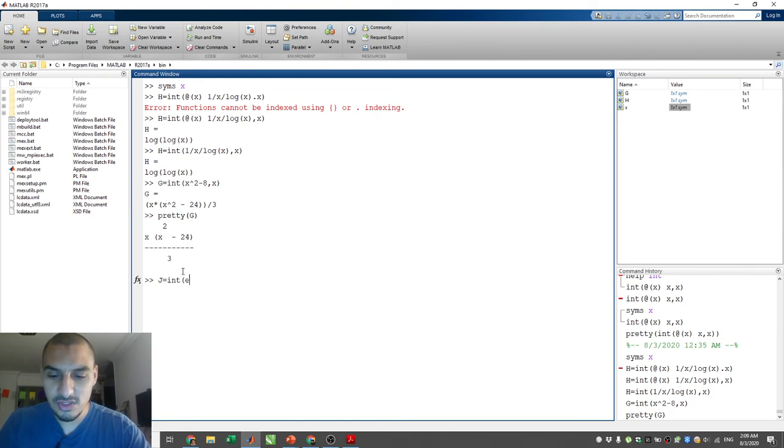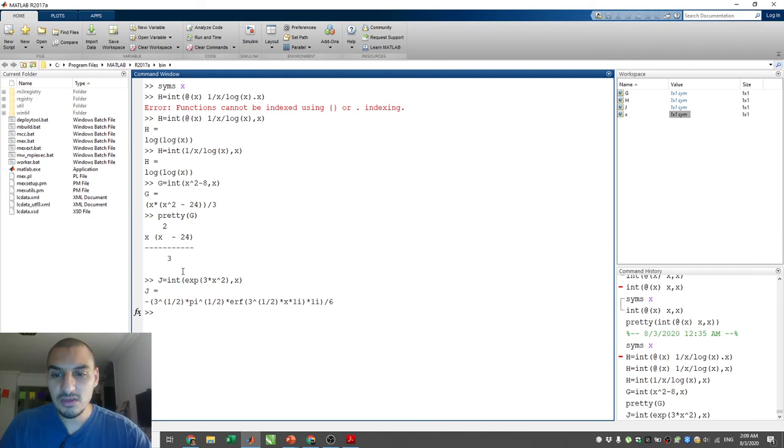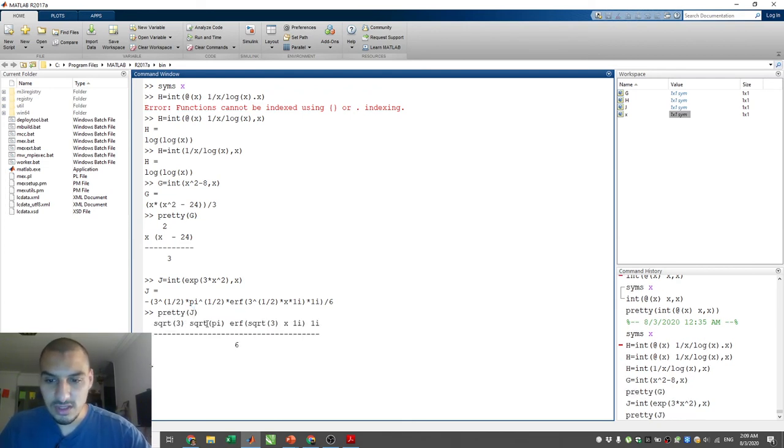It's the integration of exponential of 3 multiplied by x power 2 with respect to x. Again, this might seem like a simple integration, but because it's not multiplied by the differentiation of what's inside the function, you'd see that this is a very weird function, and there is an error function, which is not very trivial.